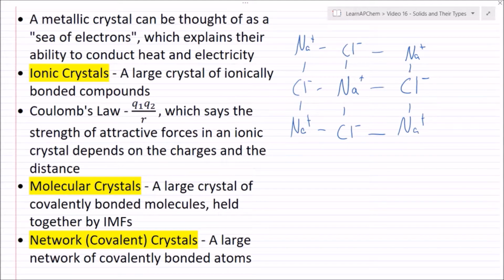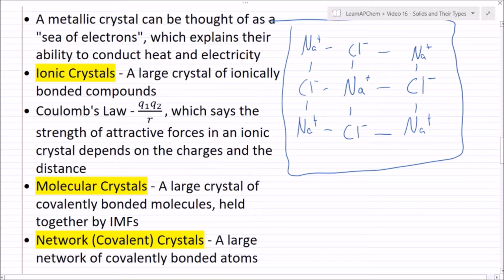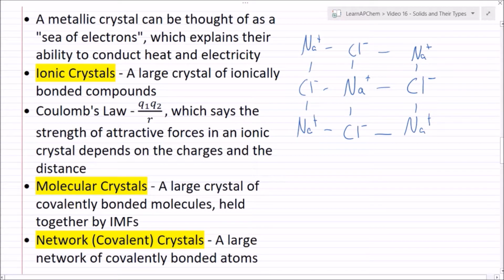This says that the strength of attractive forces in an ionic crystal depends on the charges, Q1 and Q2, and the distance from each other, R. So note that in an ionic bond, we often just say this, but in the real world, we actually have a large network of multiple ionic bonds where the charges of these ions are holding it together in this position.